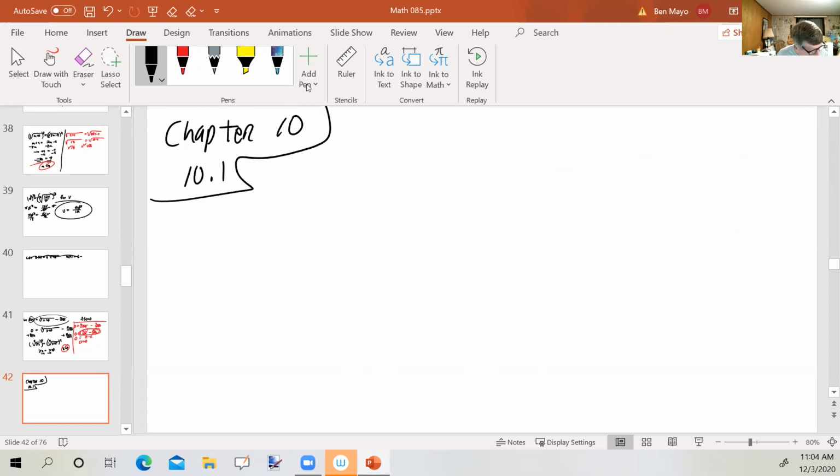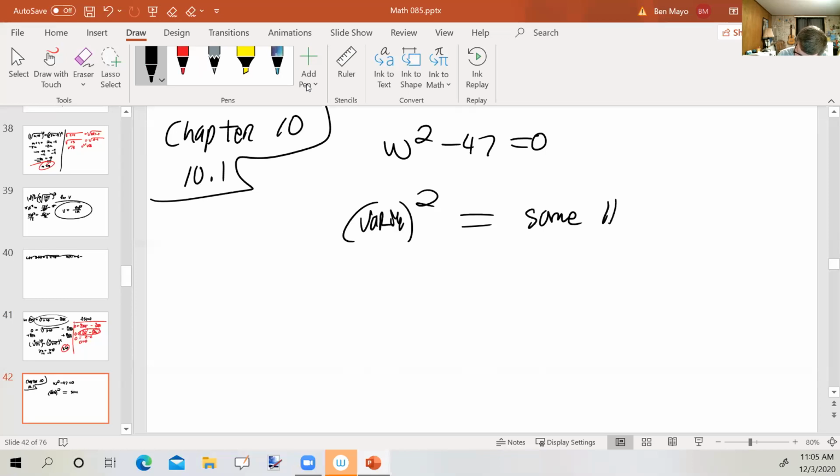So if you had something like w squared minus 47 equals 0, you want to write it in such a way that on one side you have a square containing a variable, and over here you're going to have some number.